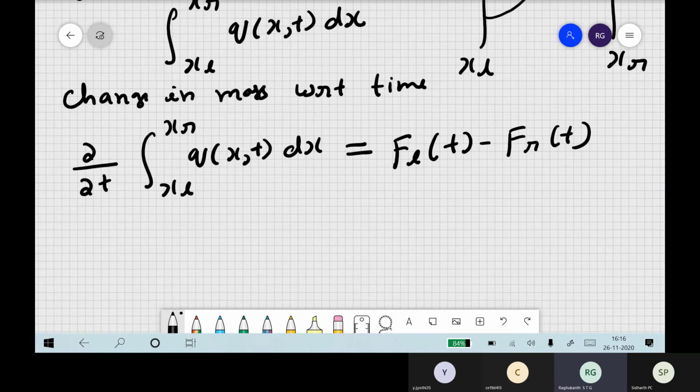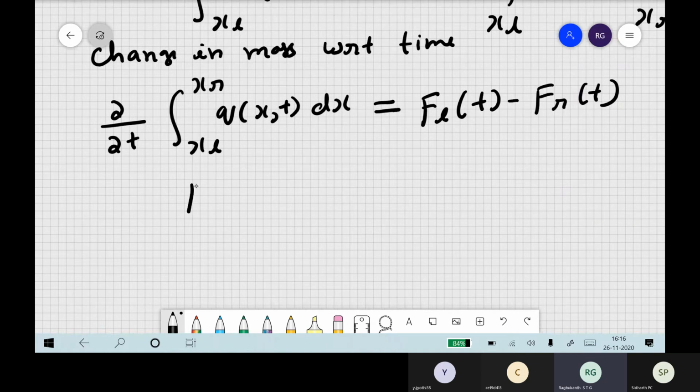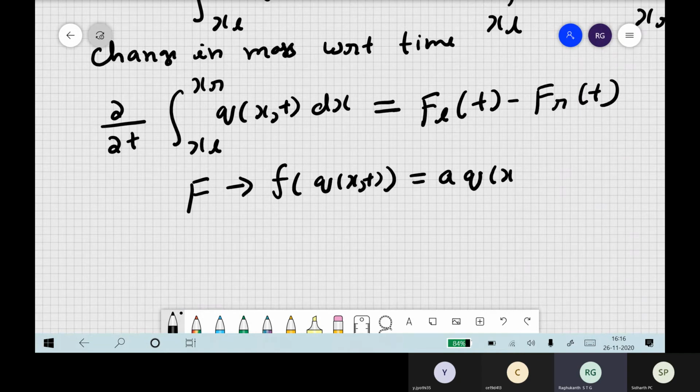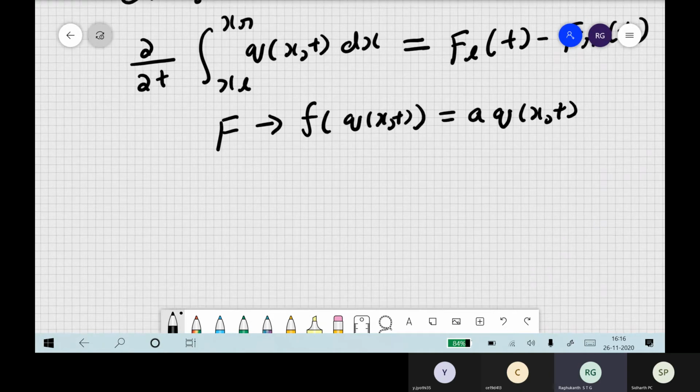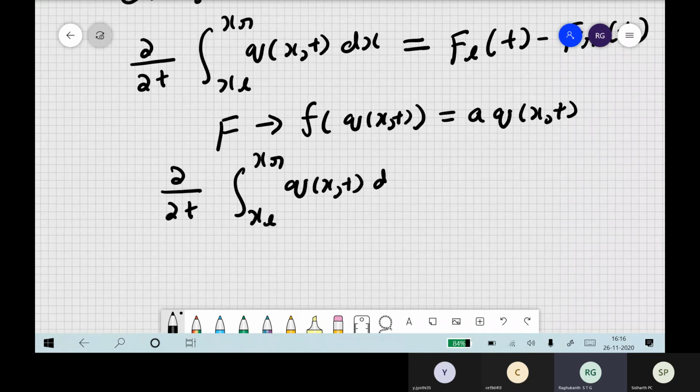This is how it comes, and as we already discussed, there is a flux which is a function of q(x,t) only, on this side of the cell. So you can write this as a times q(x,t). You can substitute here and write this expression as d by dt of the integral from x_L to x_R of q(x,t) dx.